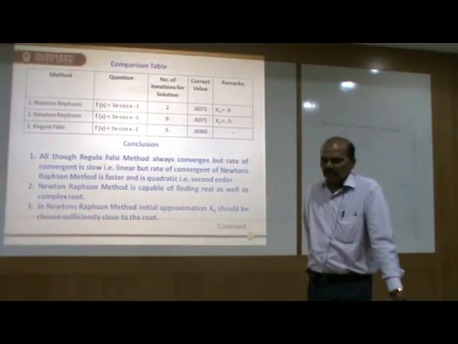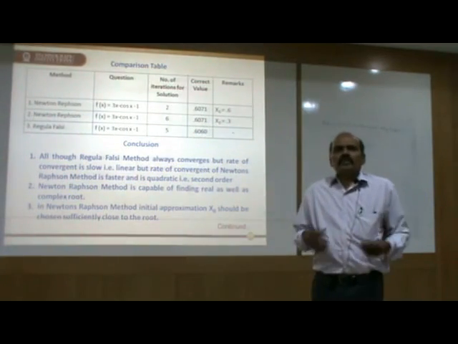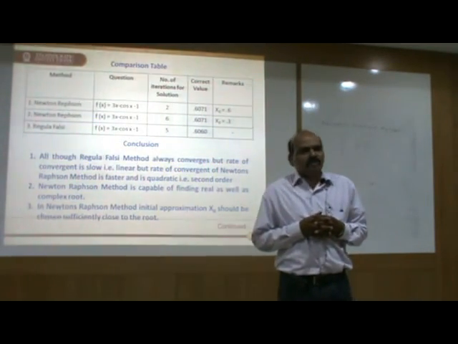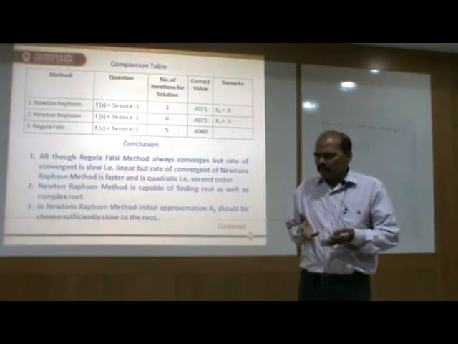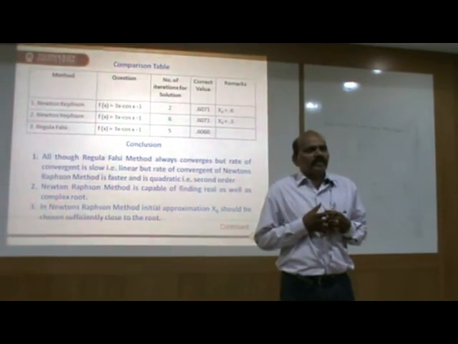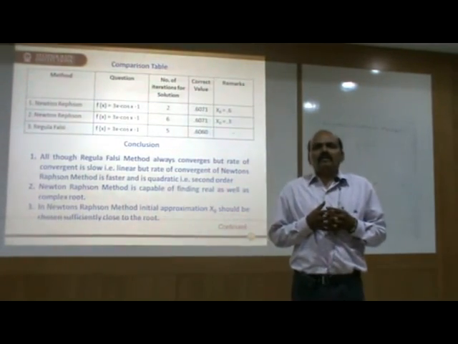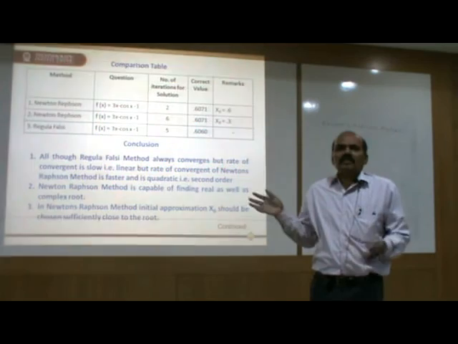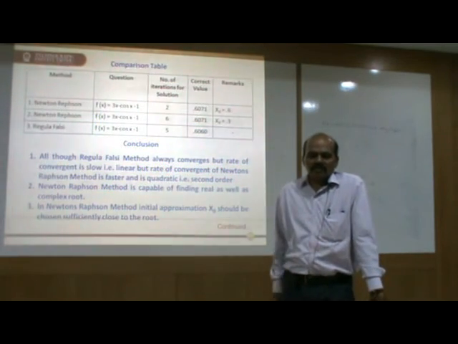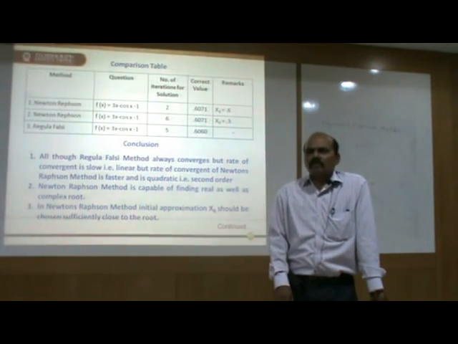So dear friends, whenever you get a transcendental equation or a higher degree algebraic equation, you can always use Newton's Raphson method rather than the regula falsi method, bisection method or graphical method.